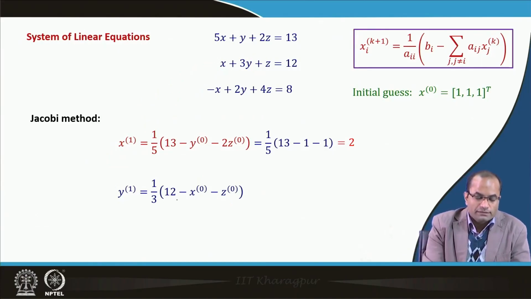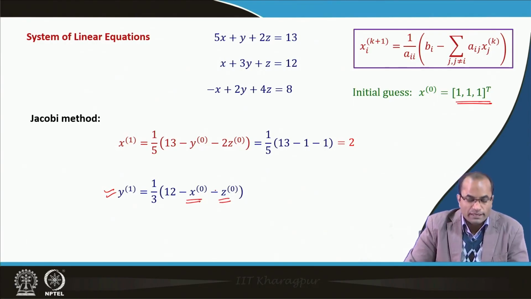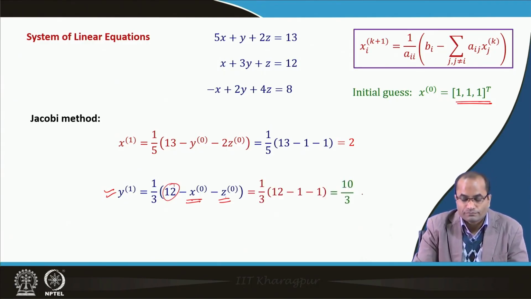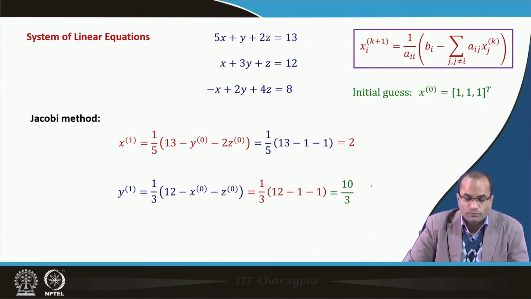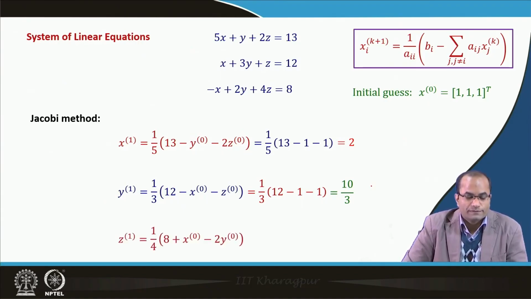Well, so having this now for y, here we have x 0, z 0, that is the starting values which are 1 1 in our case. So, we have 1 and 1, that is 2, and 12 minus 2, that is 10. So, we have this 10 by 3, the second component, the approximate value of y after first iteration.